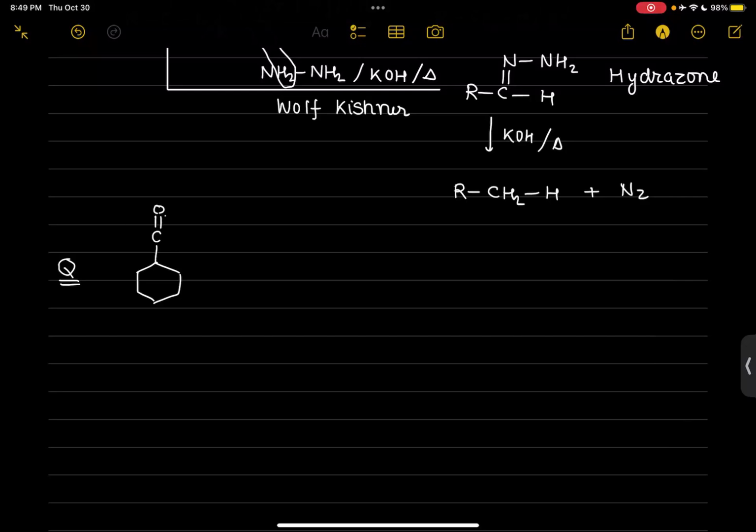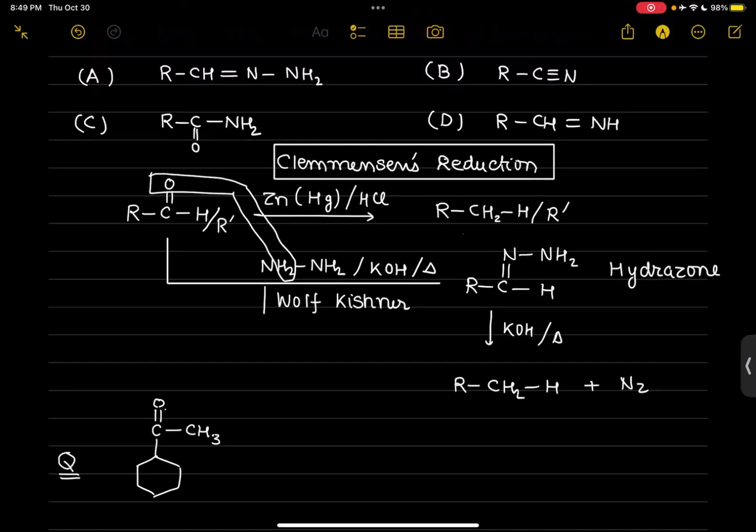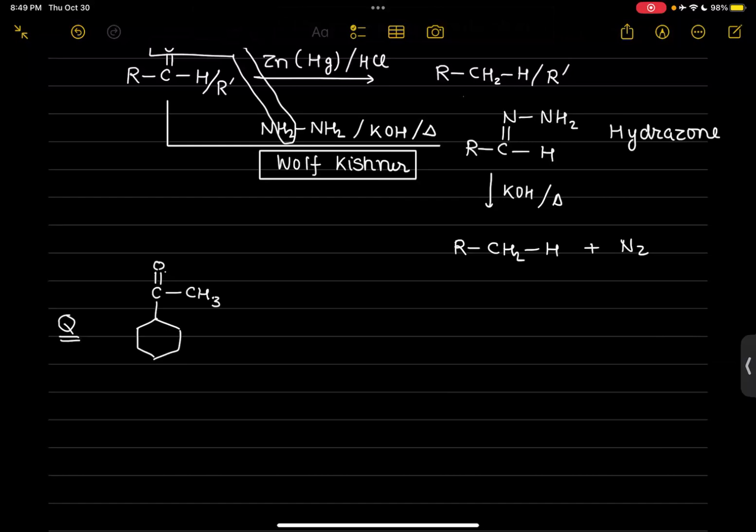C double bond OCH3. If you treat it either with Clemmensen or with Wolff-Kishner, this COCH3 is going to change. Either you take an aldehyde or a ketone, both change to alkane. So alkane is going to form for this aldehyde or ketone.